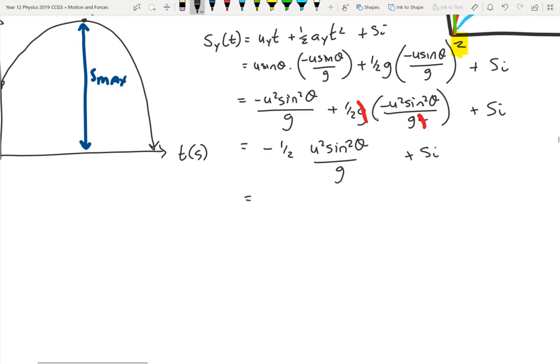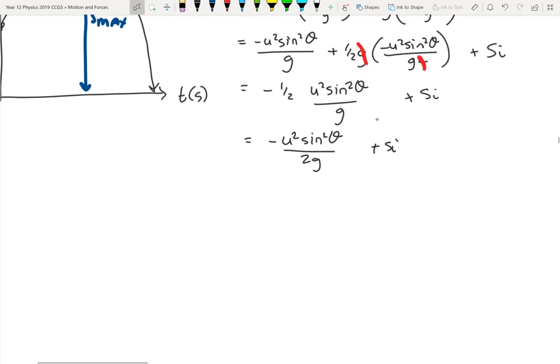We could then rewrite this as minus u squared sine squared theta over 2g plus S initial. We could keep simplifying it. It's going to be that whole term at the top is just u squared. So I could sort of simplify it as negative u squared over 2g plus S initial.